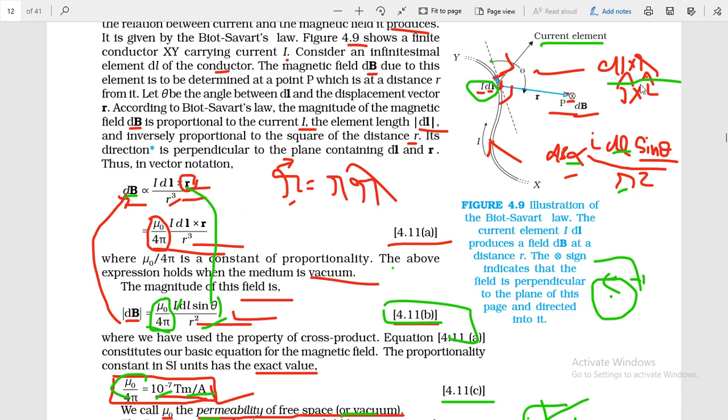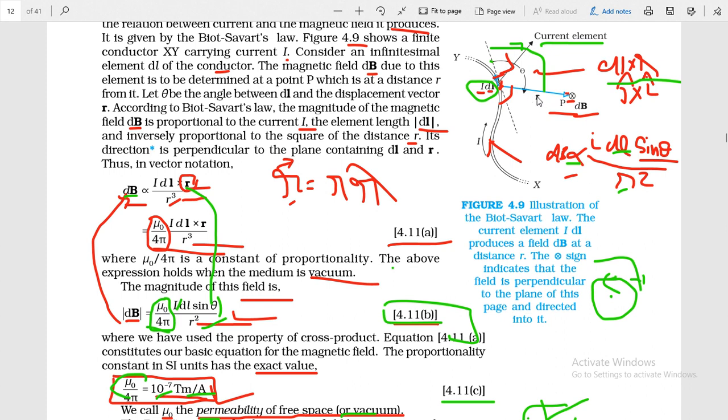If we write r cross dl, it means we are taking the angle from r to dl. So it depends. If it is dl cross r, you are taking the angle from dl to r, and it is the anti-clockwise direction.